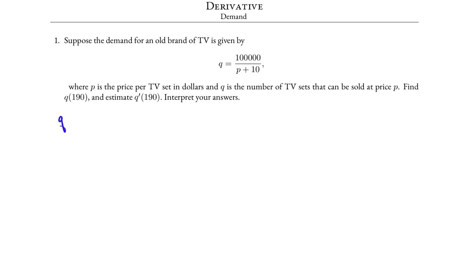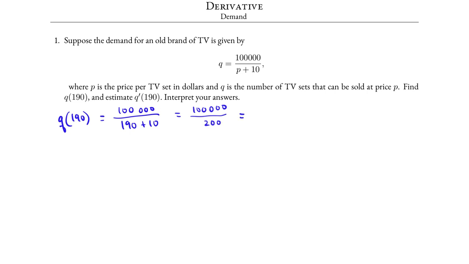For Q of 190, we simply plug 190 into the given function, 100,000 over 190 plus 10, where we substitute 190 for P. This is 100,000 over 190 plus 10, which is 200.